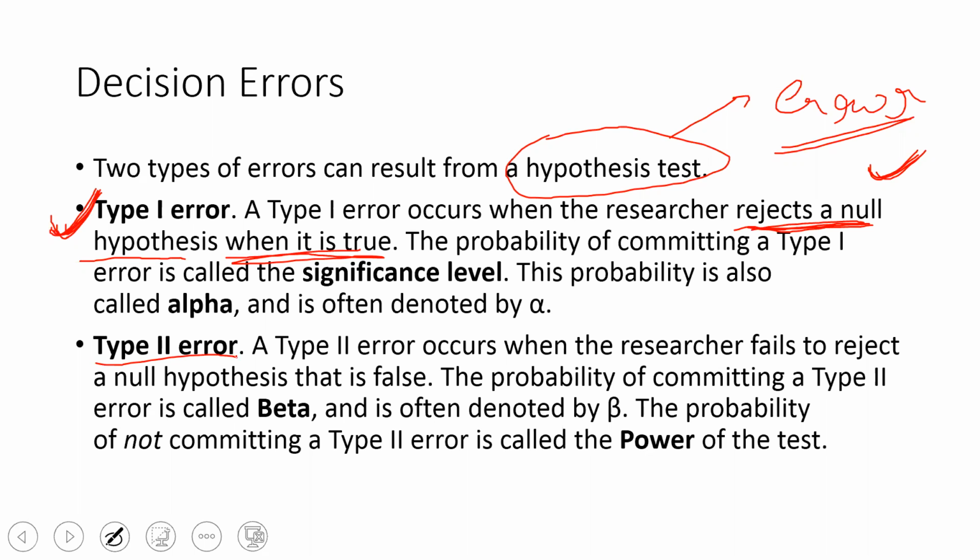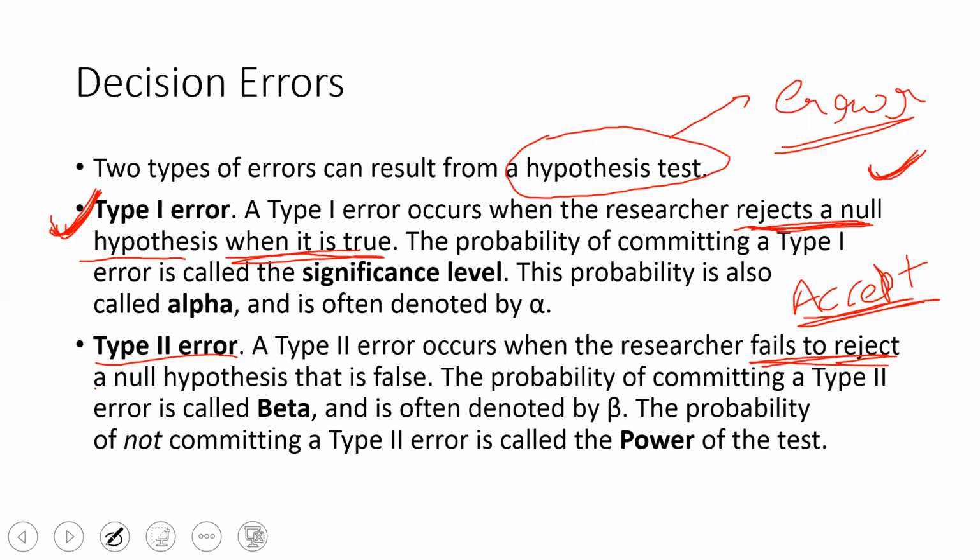And the type 2 error is when we fail to reject, which means we are accepting the null hypothesis.